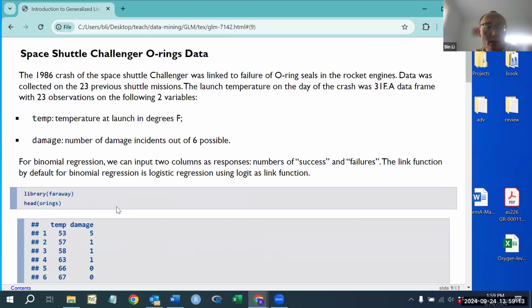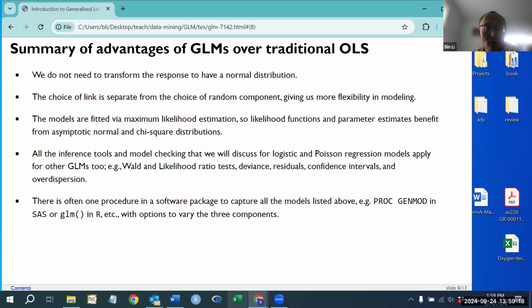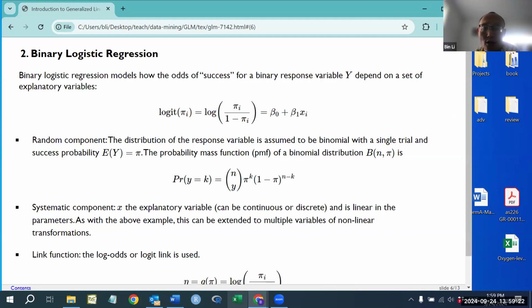When we interpret the slope in the logistic regression, we have to be careful. If we want to interpret the slope, we say by 1 unit increase in x.